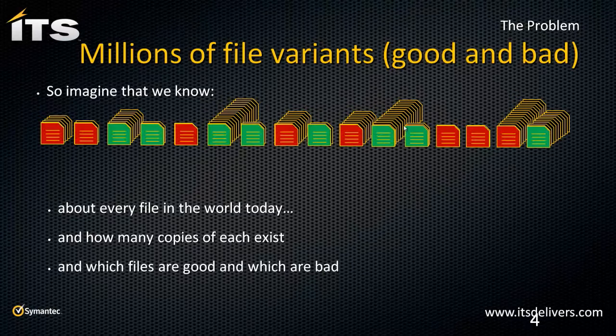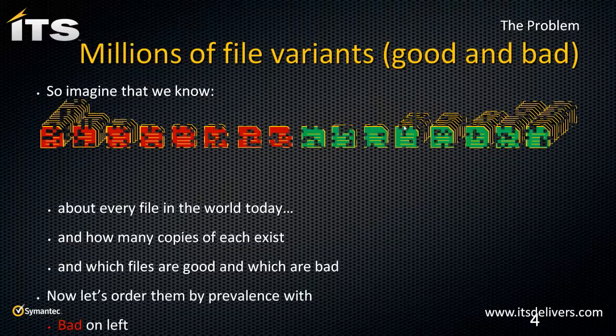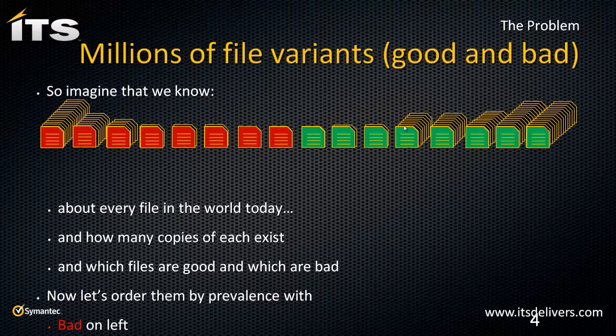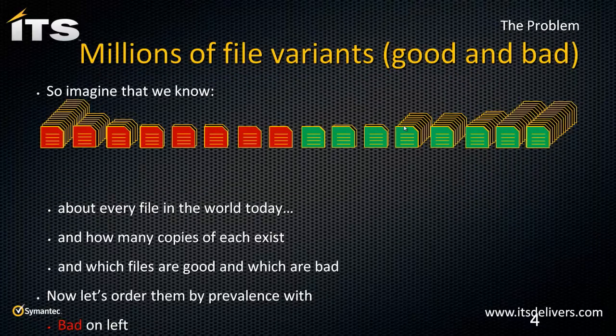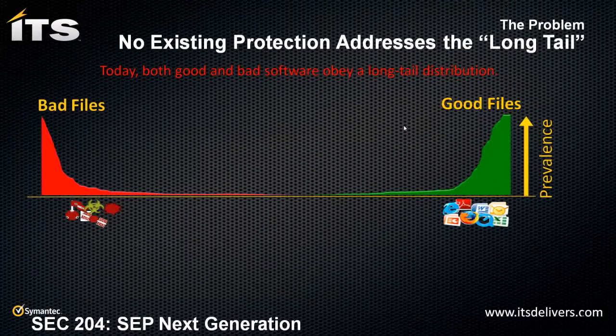Well, then we could start figuring out which files were good, which files were bad. And then let's order them by prevalence, with the bad on the left and the good on the right. And then you can see that we can start ranking files and providing a reputation around the files. So we have bad files on the left, good files on the right.